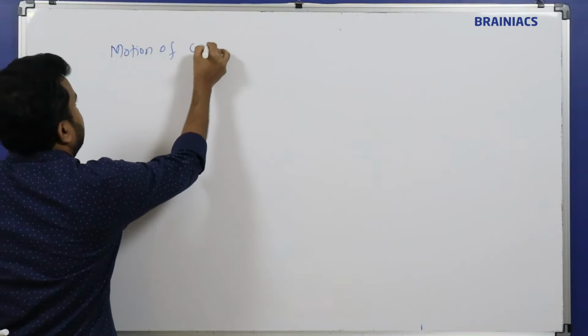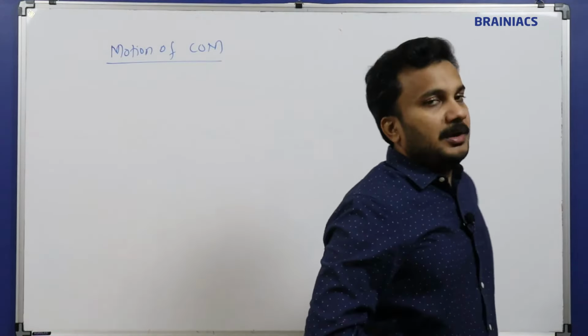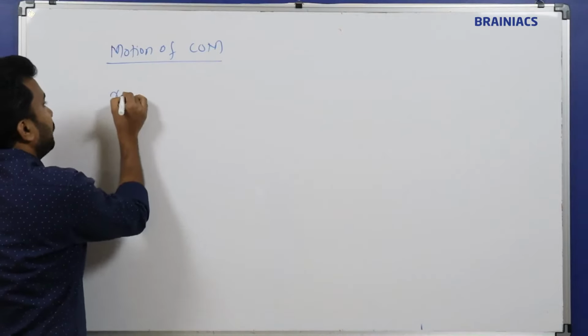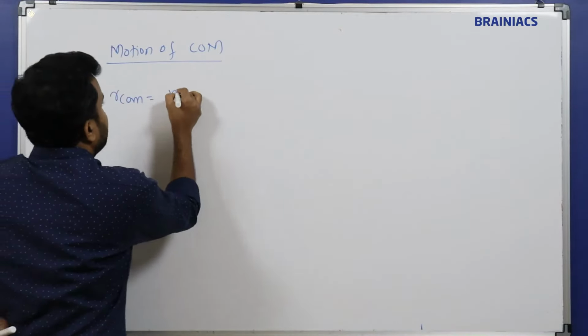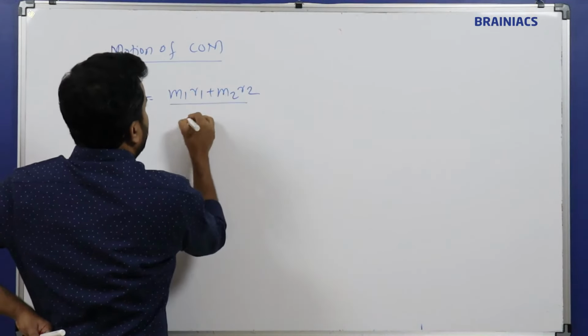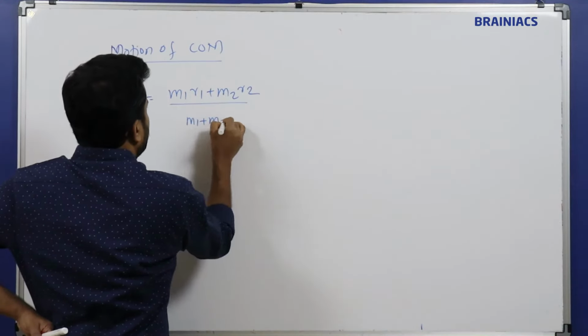We know the center of mass formula. We have x coordinates, y coordinates, z coordinates. So we have RCOM. In general, the position coordinate for two bodies is m1 r1 plus m2 r2 divided by m1 plus m2. This we already know.